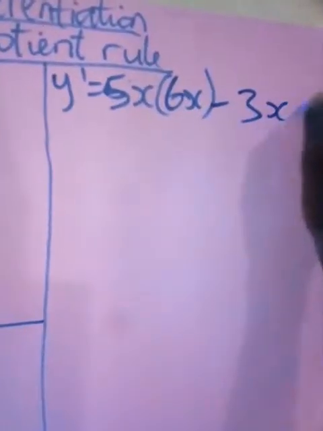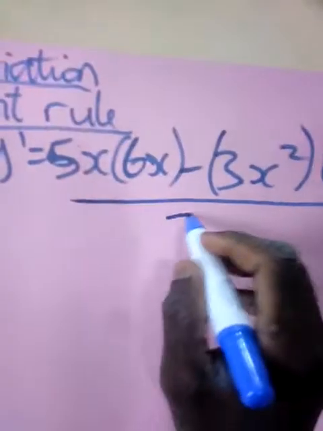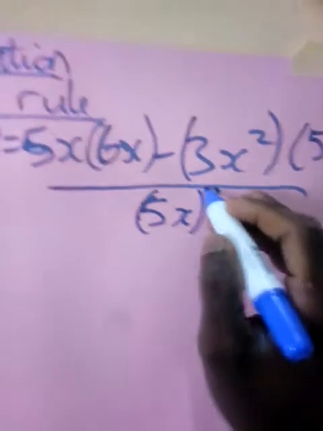Then minus my u. That's my u is what? 3x squared. That's minus 3x squared multiplied by the derivative of v. So derivative of v here is 5. Then divided by the square of my v. My v is 5x, so this gives me 5x squared.